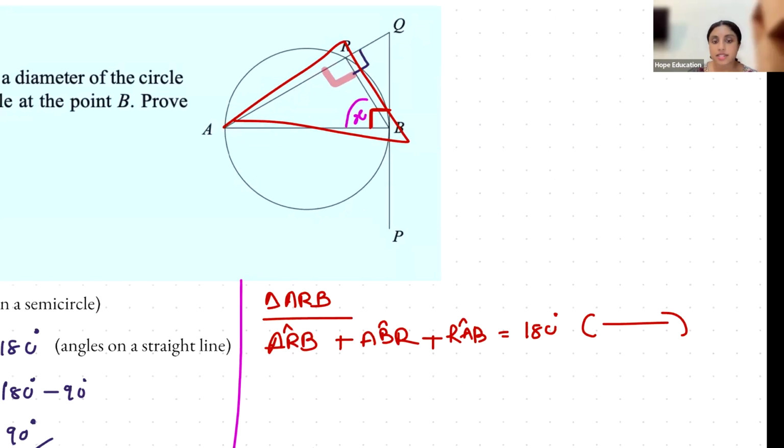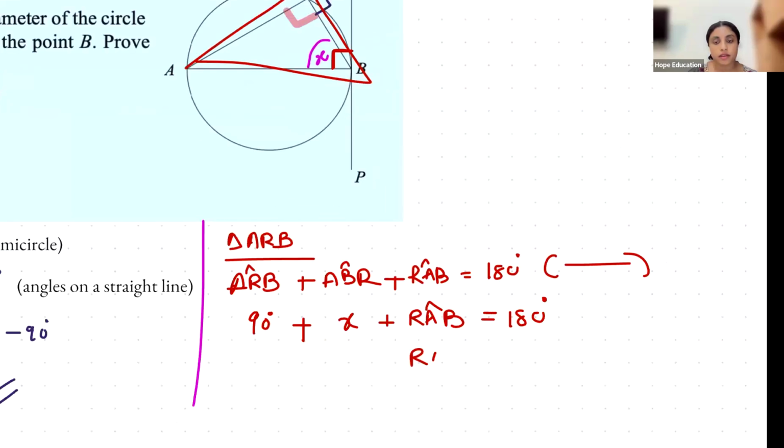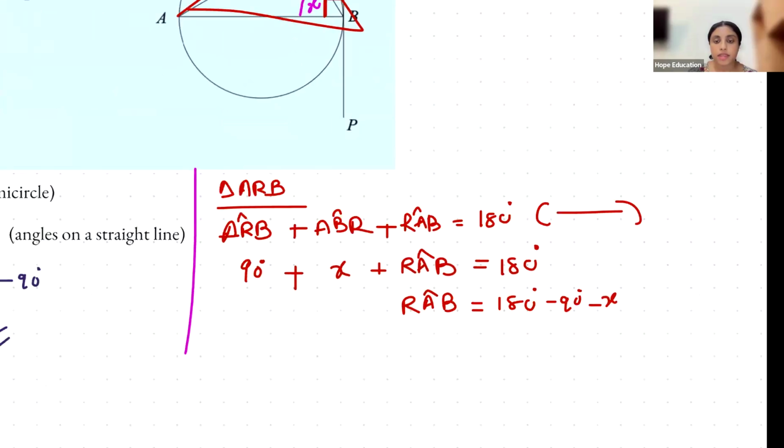Then ARB is 90 degrees, which we already found. ABR is x, as I put a letter x. RAB I don't know. So RAB would be 180 minus 90 minus x. Therefore, RAB would be 90 minus x.